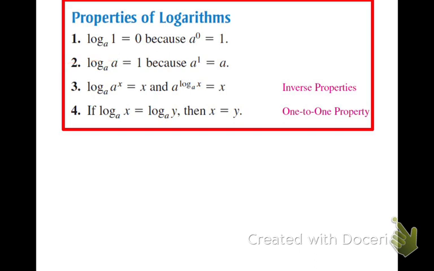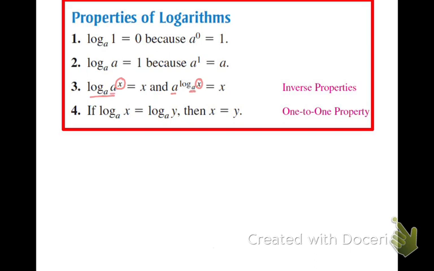Okay, the last one is that one-to-one property. Oh, I didn't do the inverse. Well, I did do the inverse. But I'm going to talk about number 3 a little bit more. I have log base a of a, so the answer was the exponent, yes? In exponential form, if I have a log base a of x, the answer is the x. Do you see the bases match?